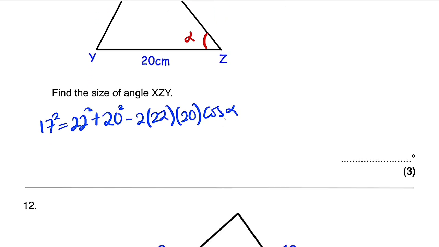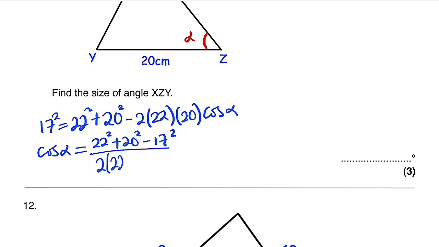So to make cosine of alpha the subject, cosine of alpha will be equal to 22 squared plus 20 squared minus 17 squared divided by 2 times 22 multiplied by 20, right? Remember, this is negative. Once you take it to the other side, it becomes positive. Then you take this one inside, it becomes negative. Then lastly, you divide by the coefficient of cosine alpha. So that will give us this one.